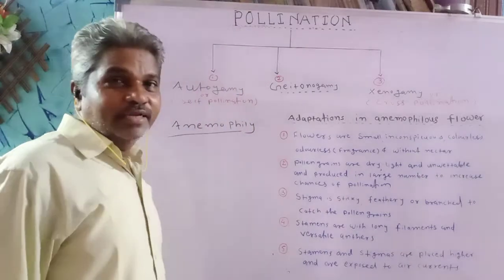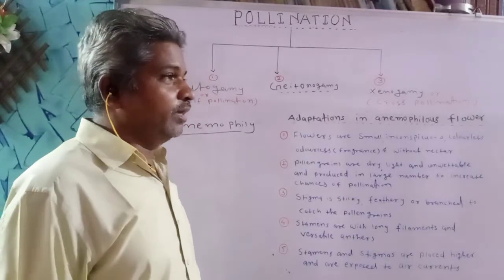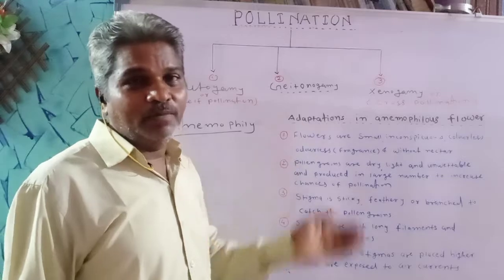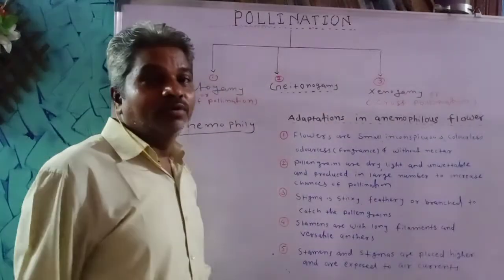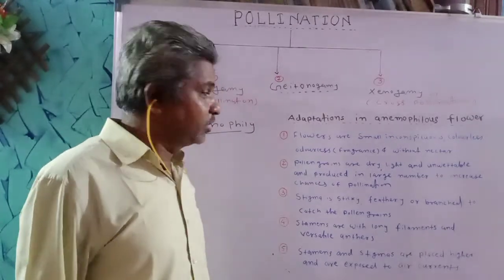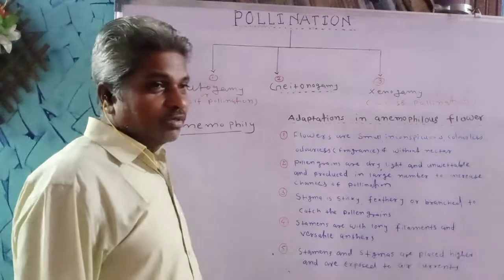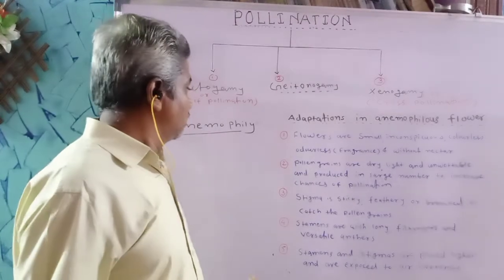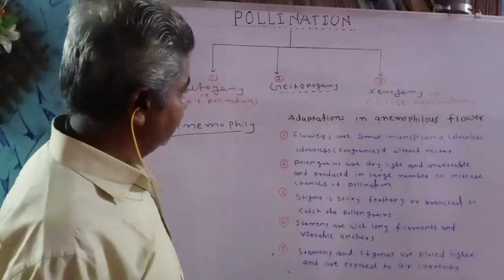This transfer occurs through a non-living agency, that is wind. When pollination is carried out with the help of wind, such a process is called anemophily.